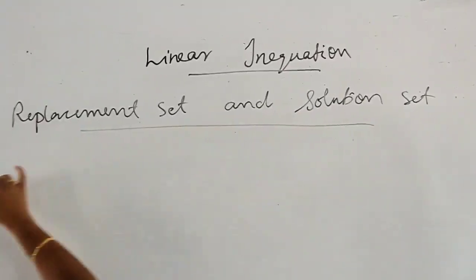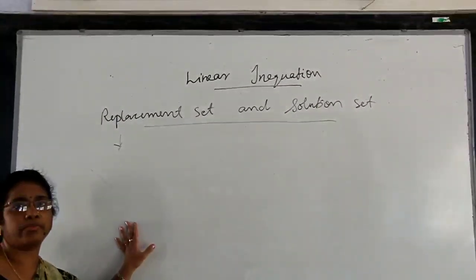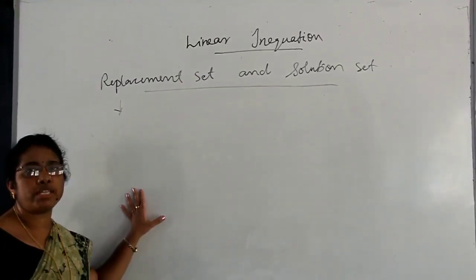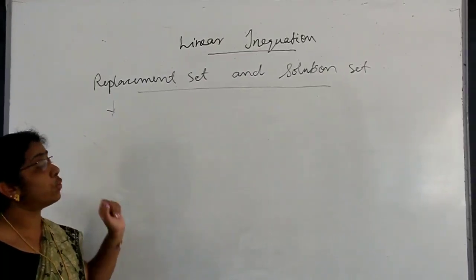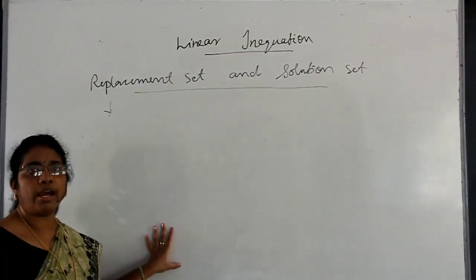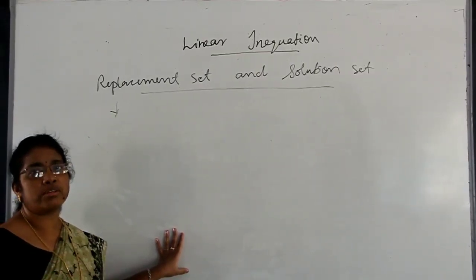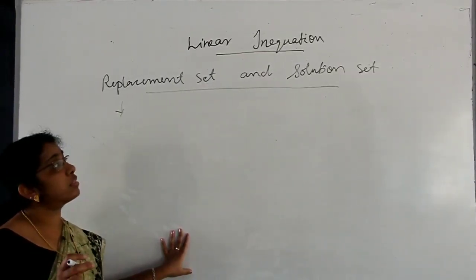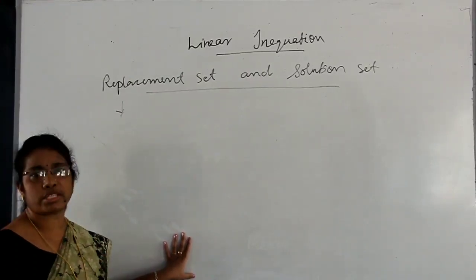First one is the replacement set. What is a replacement set? A set from which the value of the variable is to be chosen is called the replacement set, and its subset of values which satisfy the given linear inequation is called the solution set.